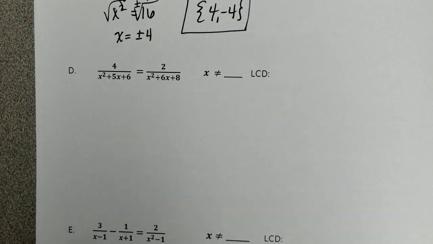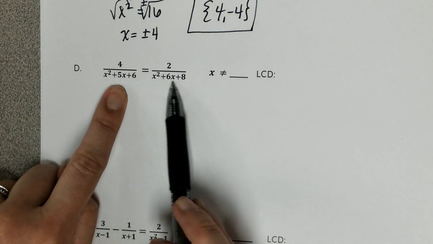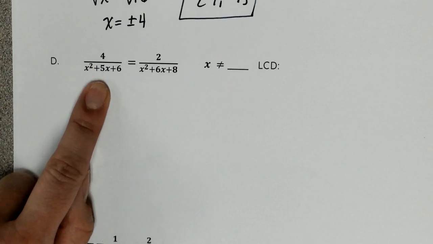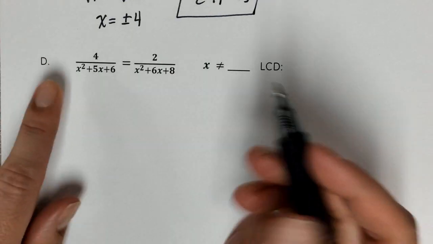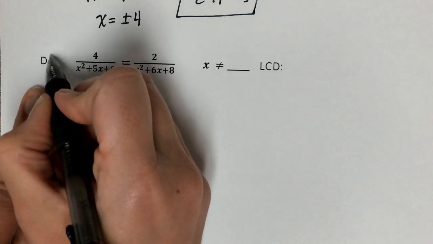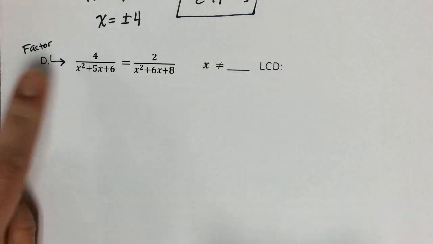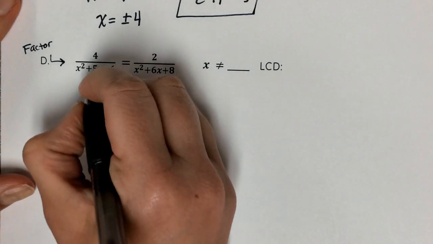Okay, we go to D, and here I notice that both denominators are trinomials. So we have to make sure that we are looking at these in their factored form. So we have to factor the denominators. So I'm going to rewrite this.